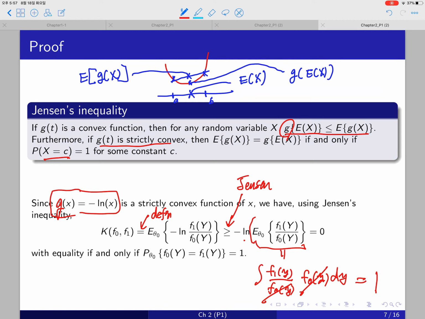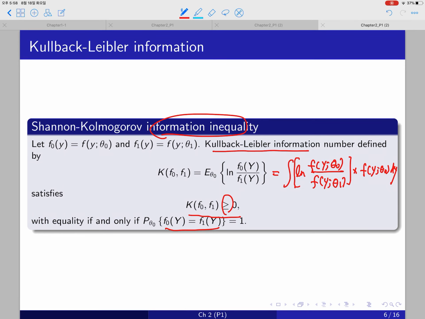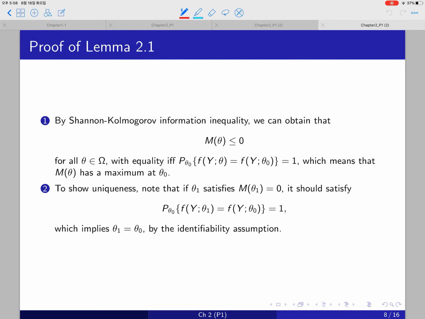The expectation is 1, and you take the log. Log of 1 is 0. So that proves the non-negativeness of the Kullback-Leibler distance. And the equality holds if the random variable in g is a constant, which is this one. That gives the proof of the information inequality.